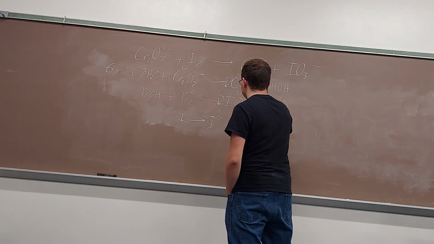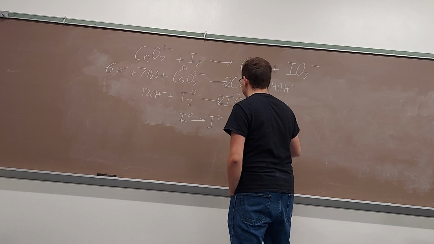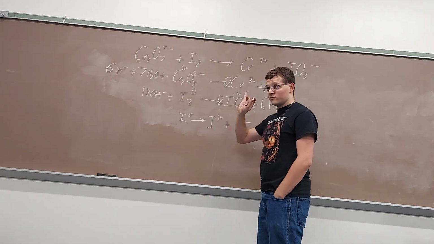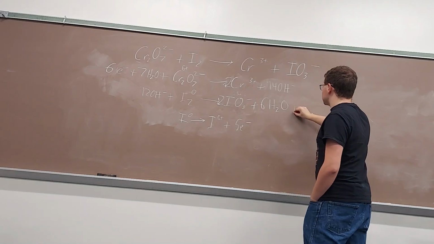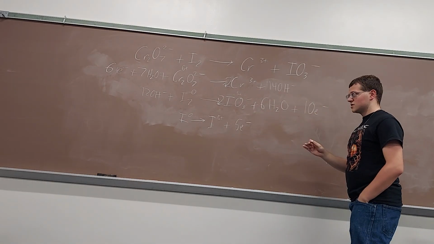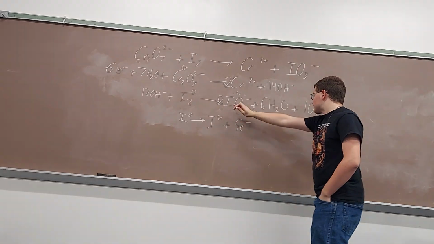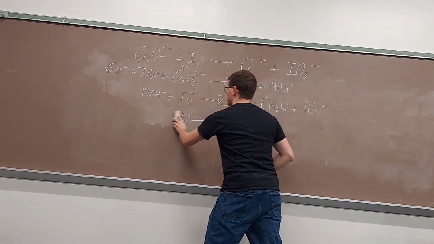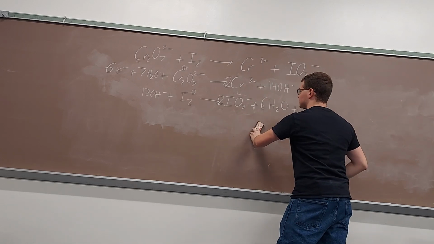Which means they're a product. 5 of them to be exact. Okay? But this is only 1 I. We have 2 I's, which means we're going to have to add 10 electrons. Okay? So, I saw I needed 5, but I have 2 I's, so I need 10. So, having done that, we now have our electrons in the right spots.